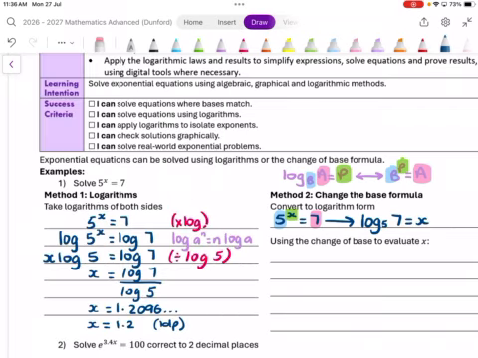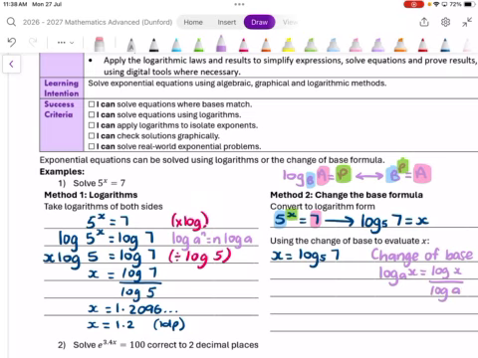Now, pause. Everyone can put that into their calculator, because everyone sitting here has the new calculator. But if for some reason you didn't have the new calculator, you would put log of base 5 of 7 in using our change of base formula, which is on our reference sheet as log of base a of x equals log of x over log of a.